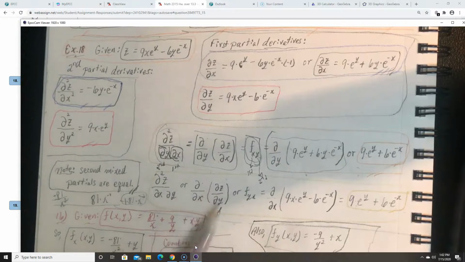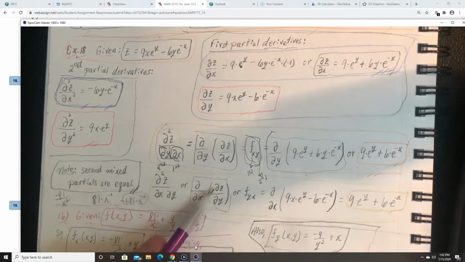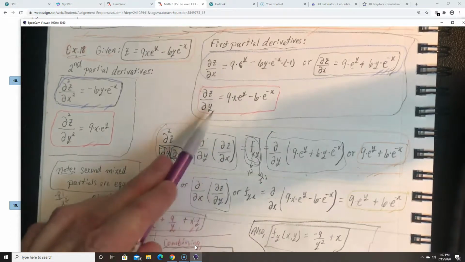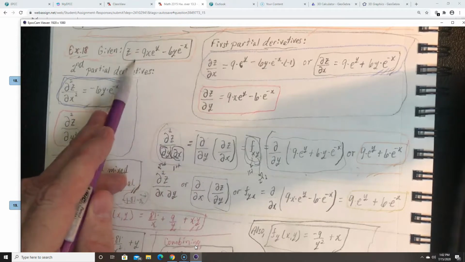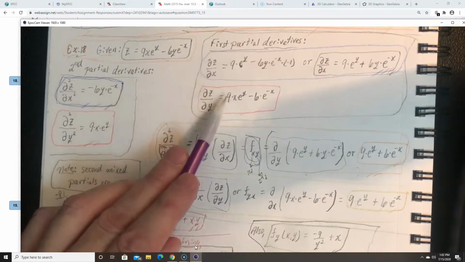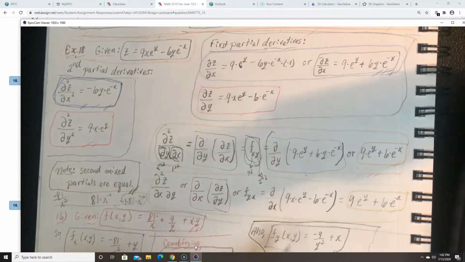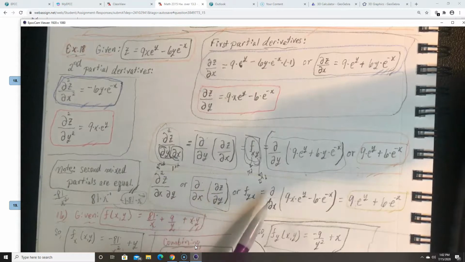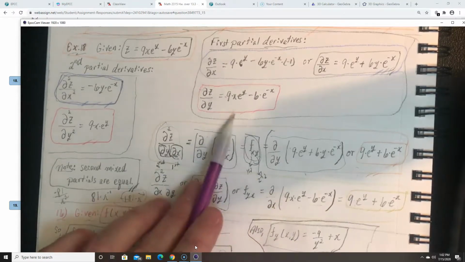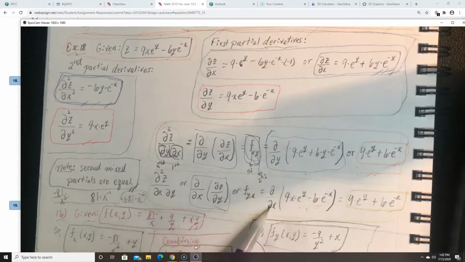Here's one way. Take the partial derivative of z with respect to y, which is what we did, and we got this answer. Now differentiate this answer partially with respect to x.